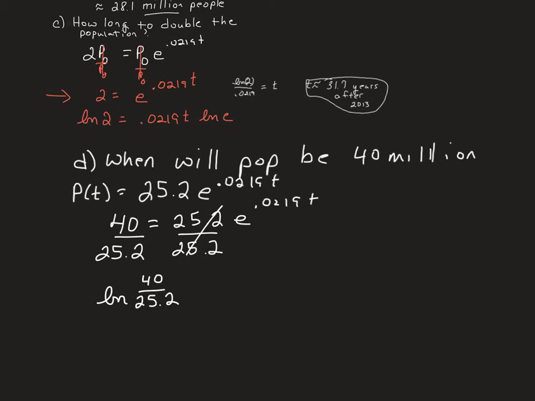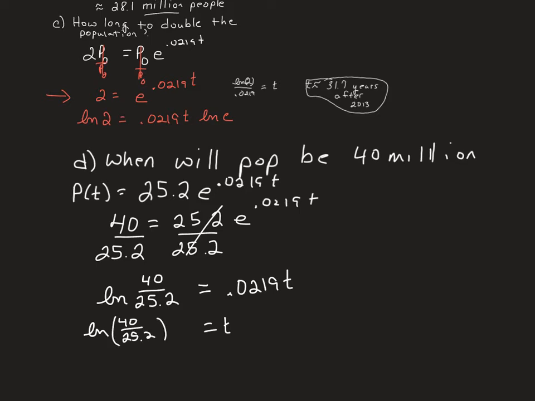So the natural log of 40 divided by 25.2, remember that equals 0.0219t times the natural log of e, which is 1. So t is the natural log of 40 divided by 25.2.